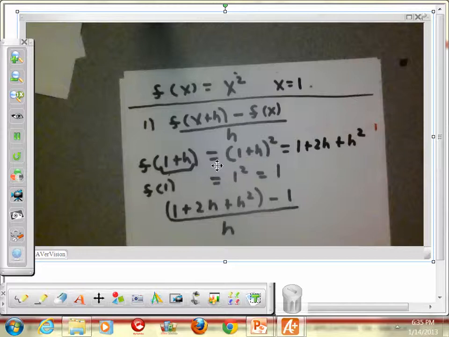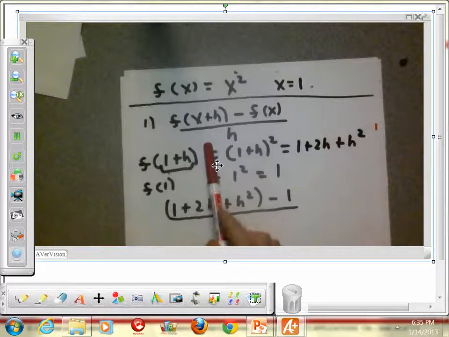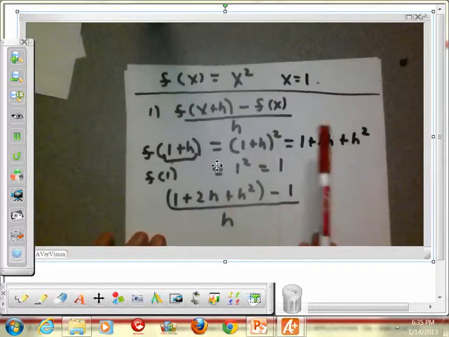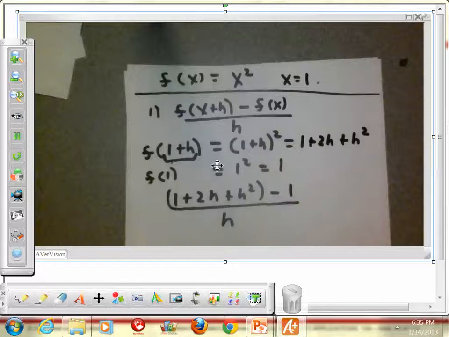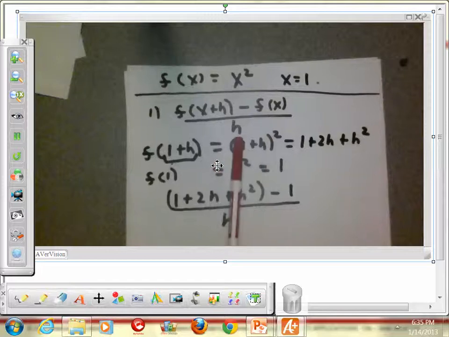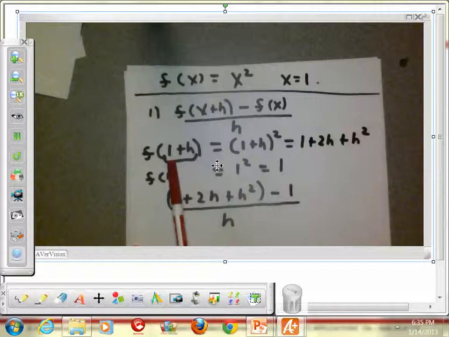First step, find f of x plus h. The first thing we're doing is finding f of x plus h minus f of x, divided by h. Well, x is 1, so we want to find f of 1 plus h.